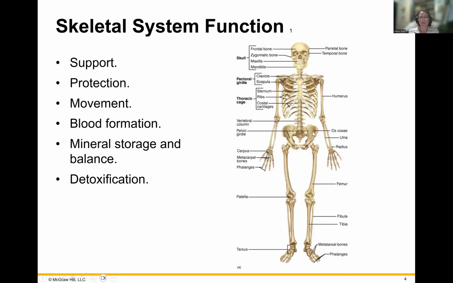And then we have the skeletal system functions. You can read about those there. This picture on page 462 in your book shows you all the different bones in the body.